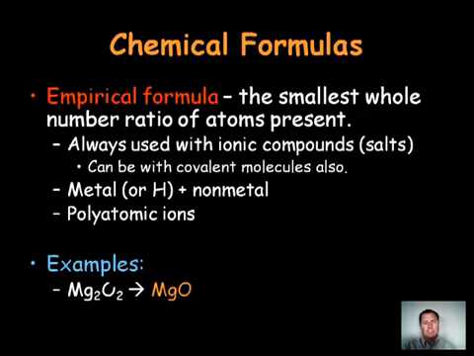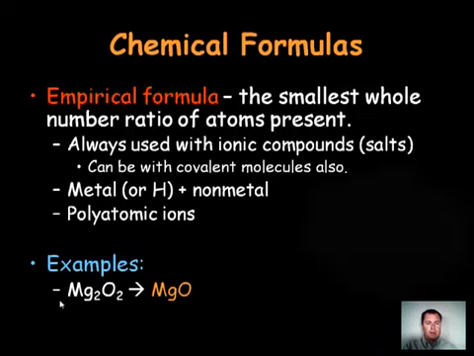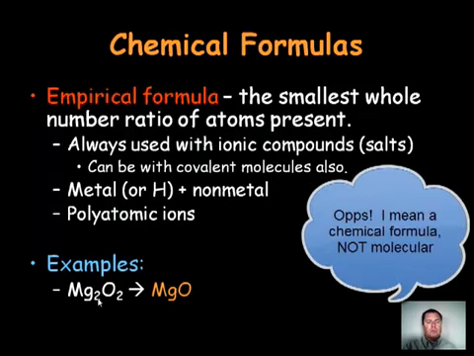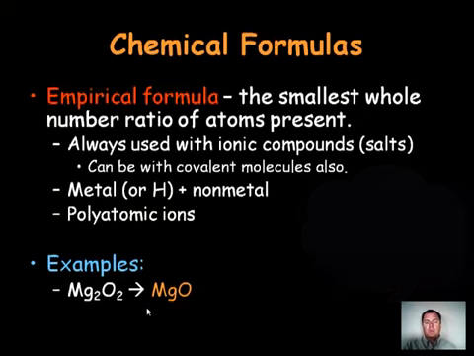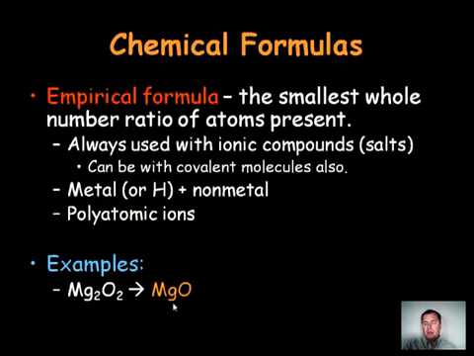Example of this: Mg2O2 would be our molecular formula. This is magnesium oxide, which is ionic, so we take it down to MgO. Let's look at glucose, C6H12O6. If we wanted the empirical formula of that covalent compound, we reduce it by the greatest common factor, which is 6.